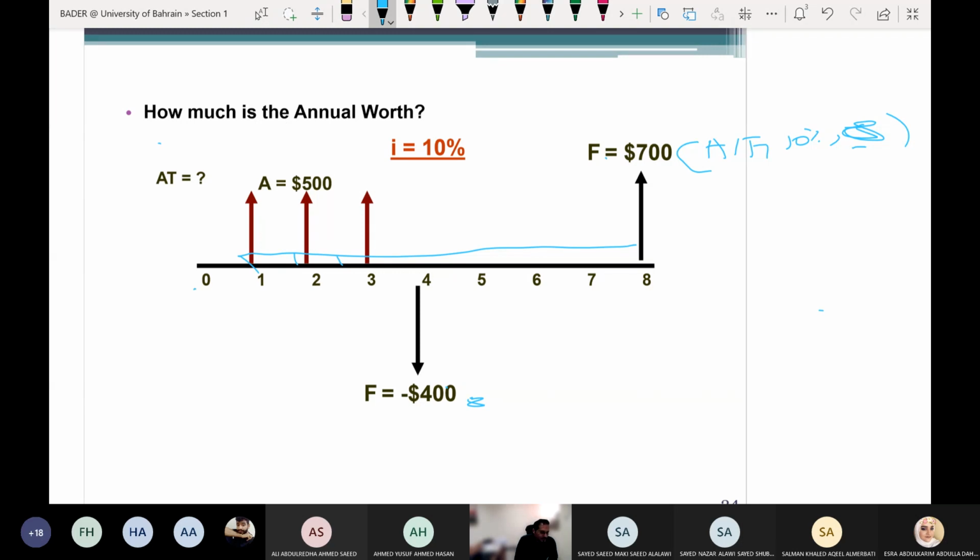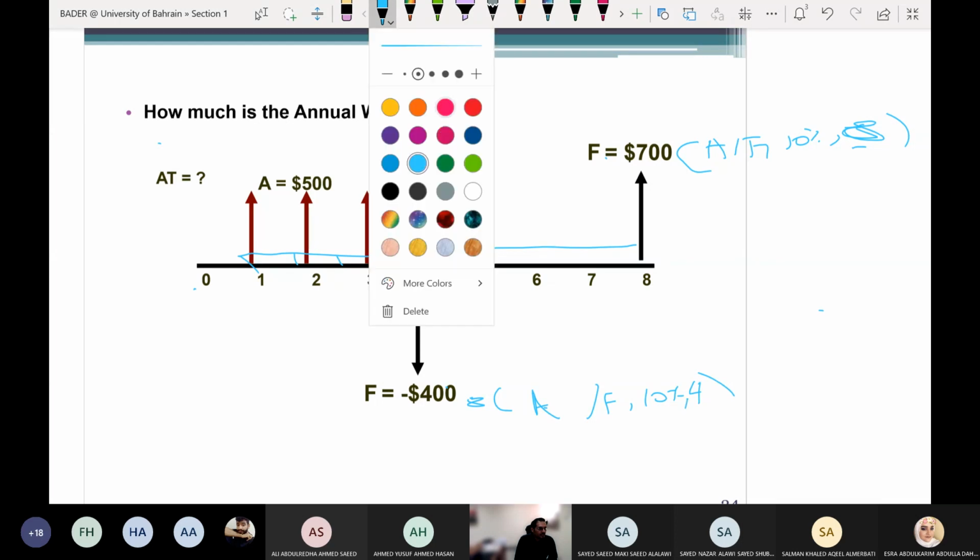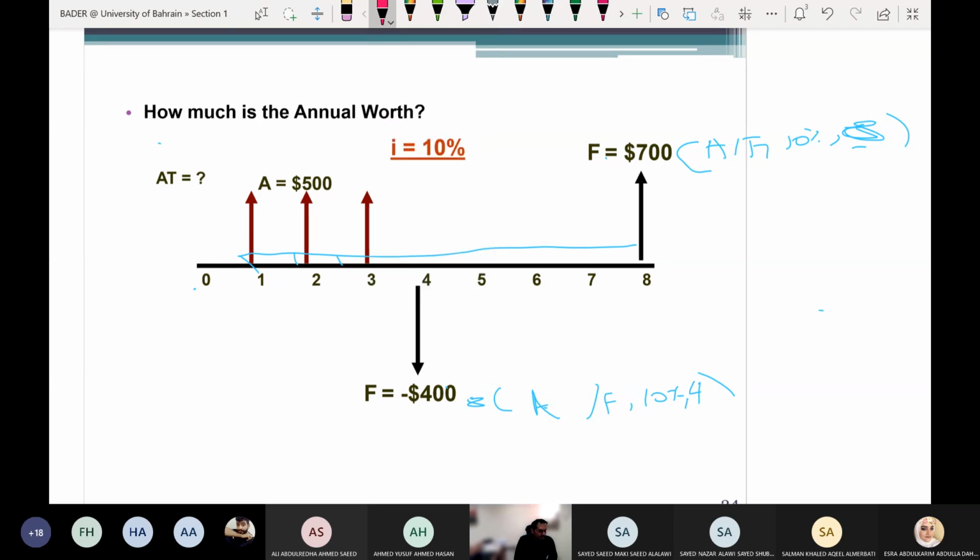I saw some students, what they do, find A given F, 10%, 4. Let me change the color so that we can make sure. So what he just did, he said to me, I'm actually going to distribute the 400, which is according to his problem.